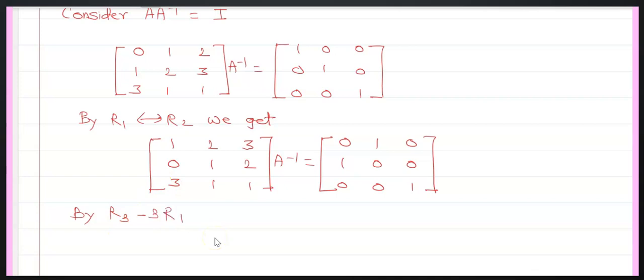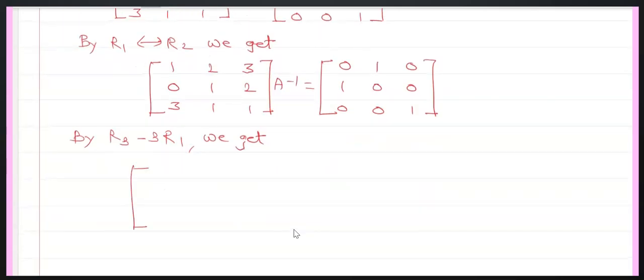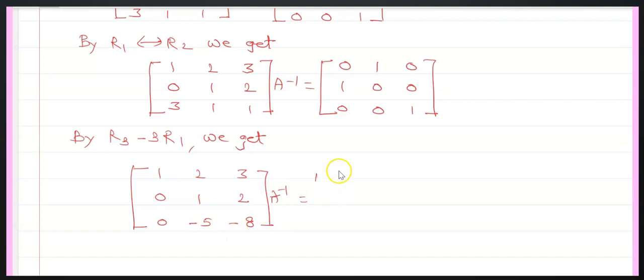R3 minus 3 times R1. Therefore, we get 1, 2, 3, 0, 1, 2, and this will become 0. And here it is 1 minus 6, that means minus 5. A inverse with the same operations.